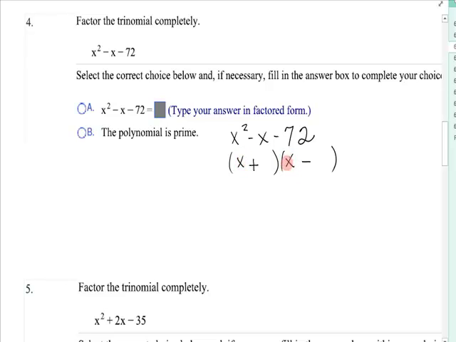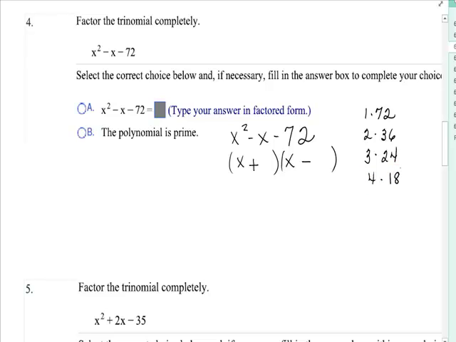All right. How do I get x squared? X times x. How do I get 72? Well, there are going to be a lot of combinations. 1 times 72. Now, you may need a calculator to help you with this. Does 2 go in there? Yes, it goes in there 36 times. Does 3 go in there? Yes, 24 times. Does 4 go in there? Yes, 18 times.